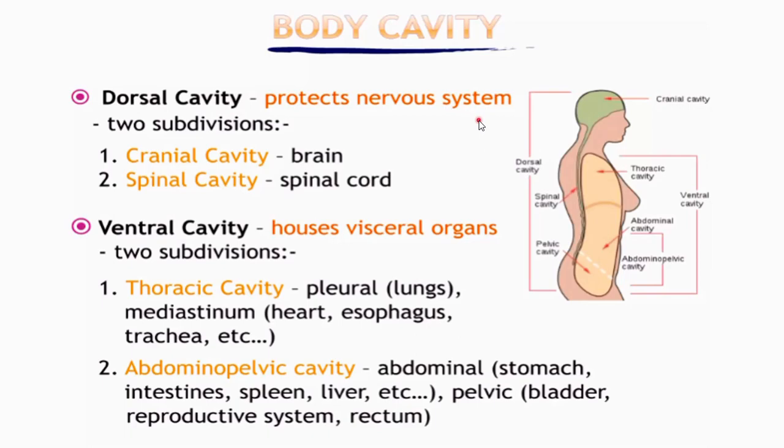If you remember correctly, this is an example of sectional anatomy or regional anatomy, so to say. It also includes the pelvic region, which has the bladder, reproductive system, and rectum. This marks the end of what anatomy is and what we are to expect in anatomy as a pharmacist.